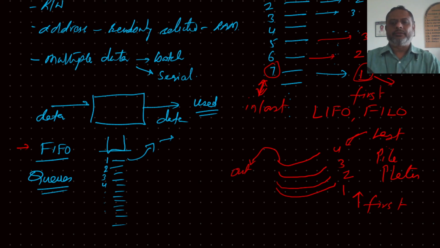So the one which is coming out is the one which was last in. Plate number 4 was last in, and plate number 4 is the one coming out. So that's last in, first out. So you can call it a pile of plates, or in general we can say a stack of plates.